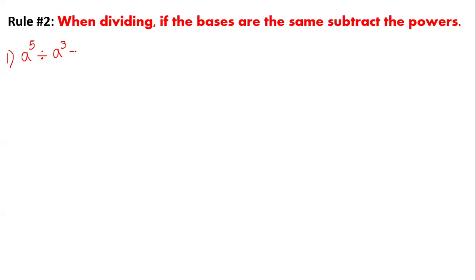That's going to be equal to what? A to the power of 2, a squared. Very good. A to the power of 5 minus 3, and 5 minus 3 is 2.